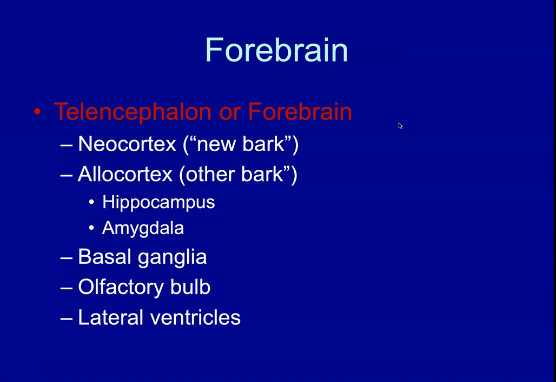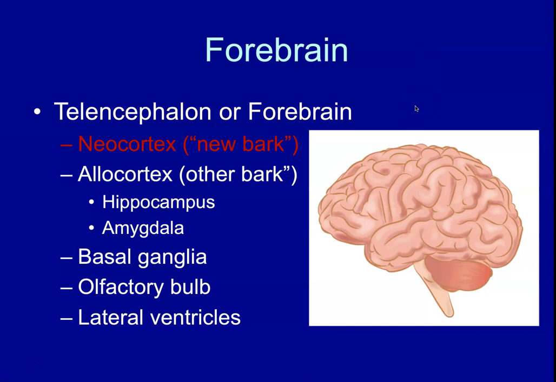So that's a nice way to think about how this forebrain sits at the forefront, or on top of that diencephalon region. What we're going to do is go through these different regions of the forebrain. This first one, the neocortex, is a term meaning new bark, neo meaning new, and cortex, this particular bark-like structure. We're going to come back to this in a little bit.